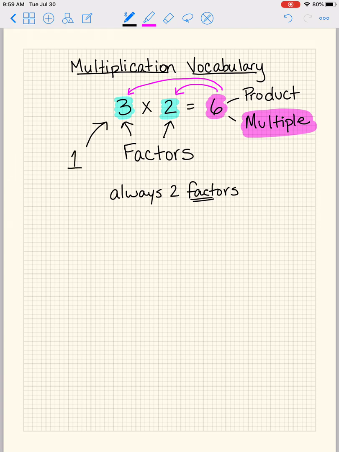So we take into consideration one of the factors, and then we're looking for just one factor, that factor's multiples. Okay, so let's go back and let's see a strategy for how to find the multiples of a number.